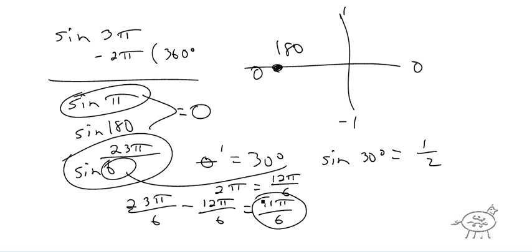So 11 pi over 6 is between 0 and 2 pi. And if you look at this chart on top here, isn't 11 pi over 6 over here? Because if I go back around again, isn't that 12 pi over 6? So 11 pi over 6 is right before that. So isn't that in quadrant 4? And what is the sign where it's in quadrant 4?